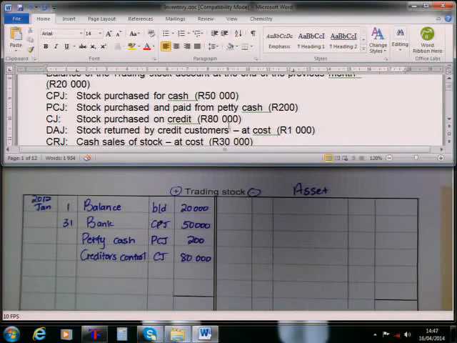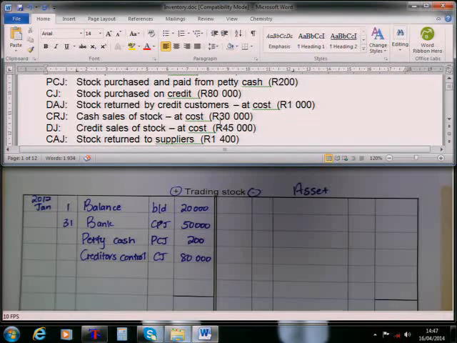In the DAJ, there's stock returned by credit customers at cost. So that means, let me quickly do the DJ first.